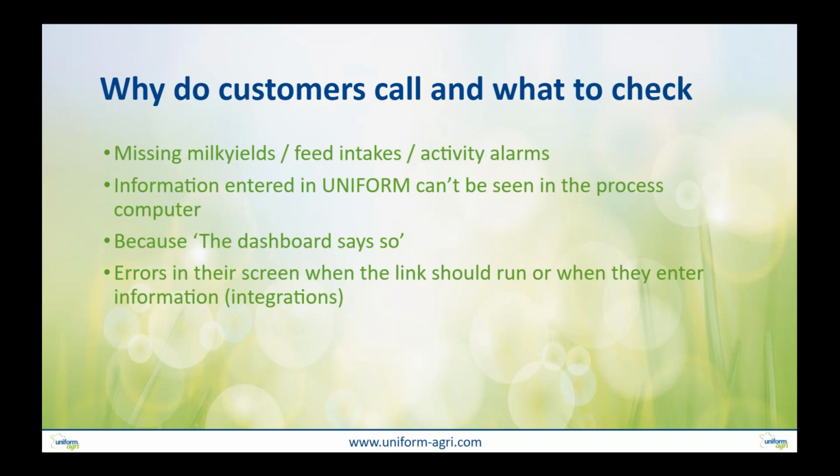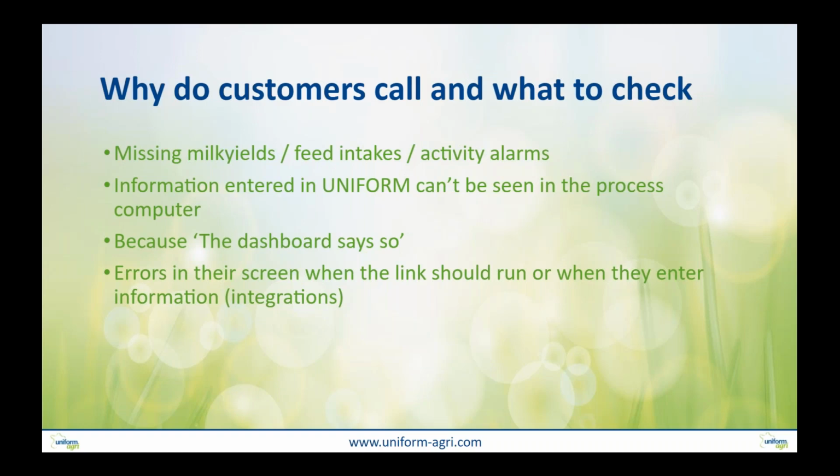Or they might even get errors during the entry of data in daily events or on the animal record, for example, because of an integration. There's a difference between an integration and the link. An integration sends information immediately, whereas the link waits for an Automate time.